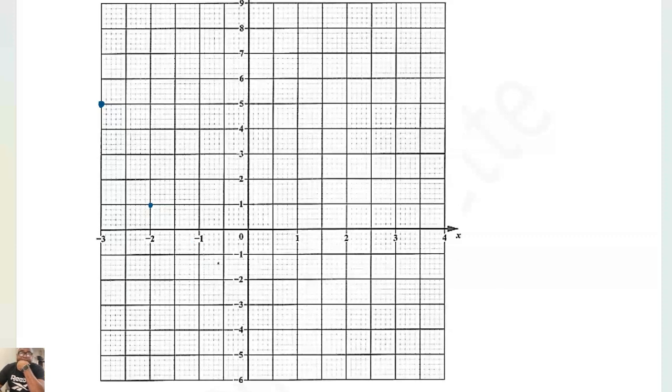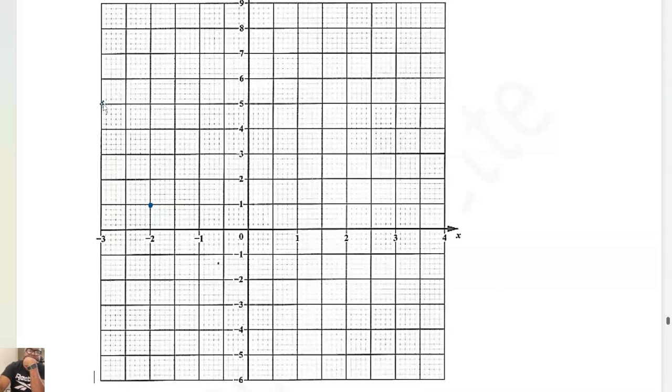Negative 1 on the x and 5 on the y. Let me wait. This point is supposed to be underneath here. This point is negative 5, not positive 5.